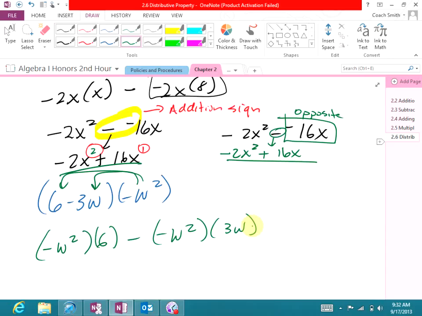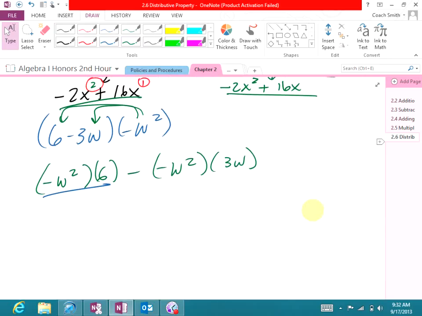So in the first group here, what's that going to give me? Brandon? No. First group. Negative 6w squared. Right. Negative 6w squared minus, what's in the second group, Nick? Yes.